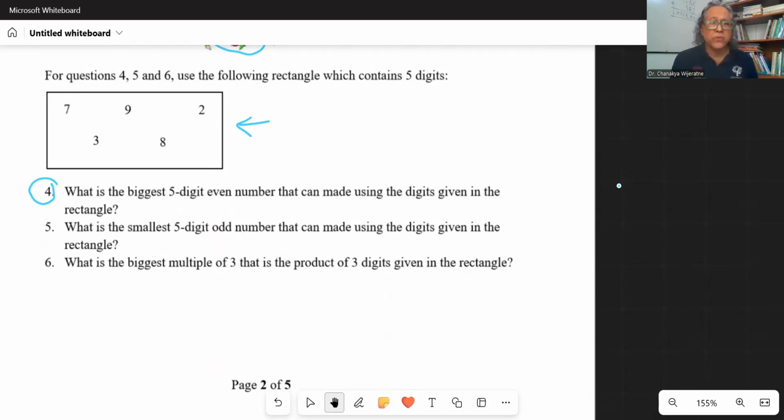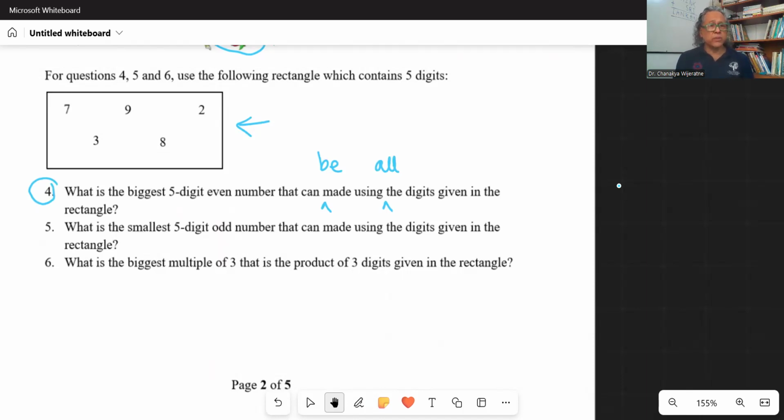The question is, what is the biggest 5-digit even number, there's a typo here, that can be made using the digits given in the rectangle? If it is a 5-digit number, then we need to use all those 5. It says the digits given in the rectangle, so we assume using all the digits in the rectangle.